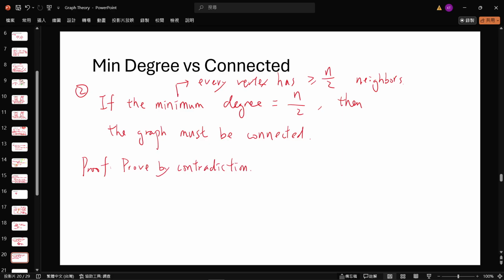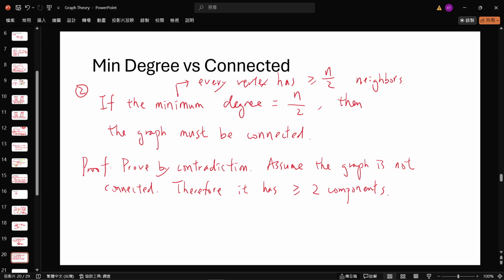Okay, so 反证法 contradiction. So we assume the graph is not connected. Okay, therefore it has at least 2 components.